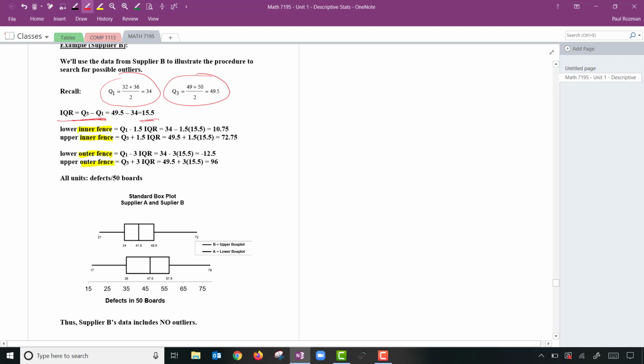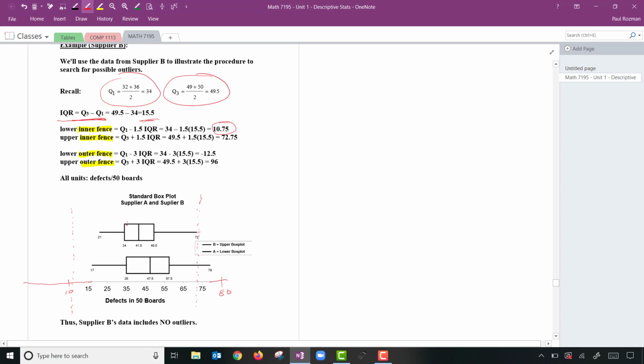I don't even have a scale large enough to include some of these values. 10.75 is somewhere down here, very crudely. 72.75 is somewhere up here.